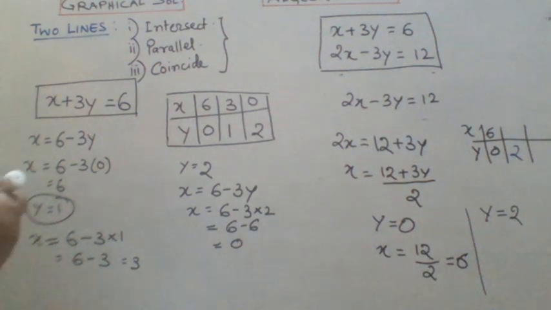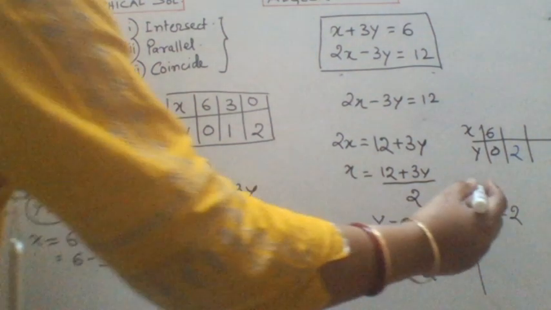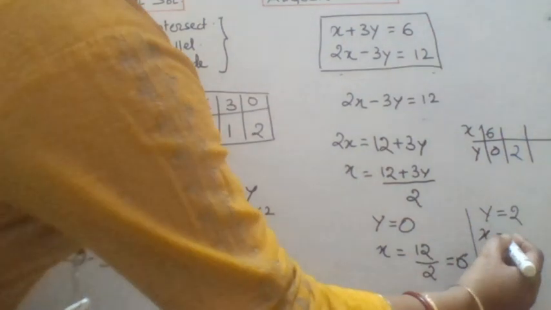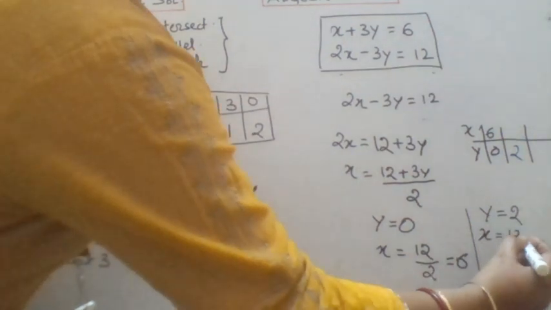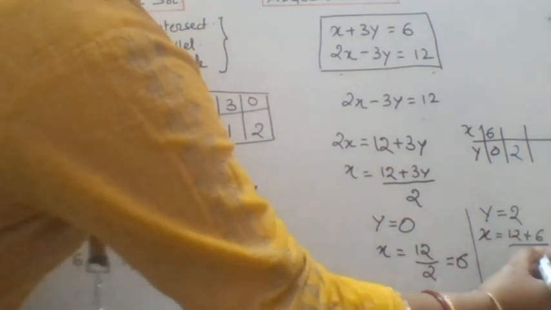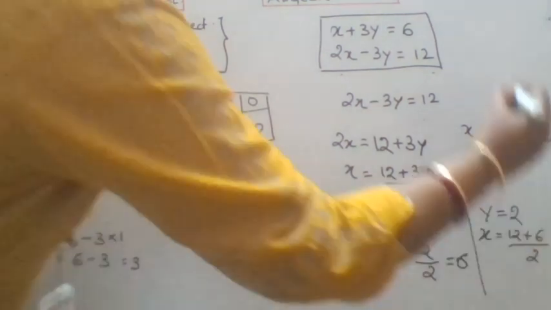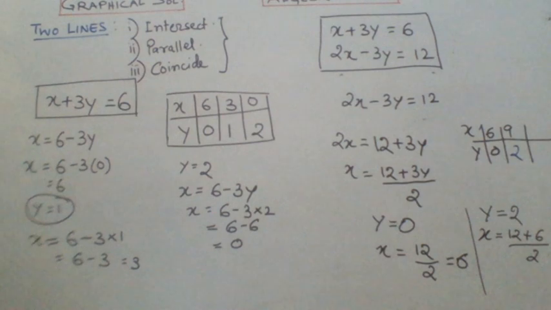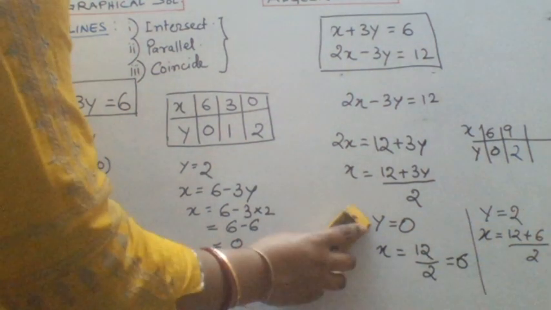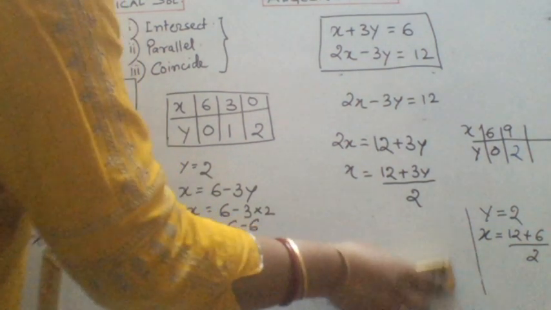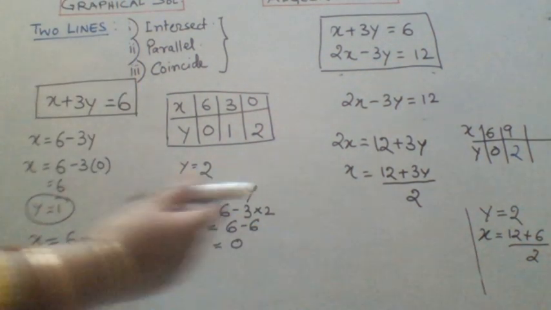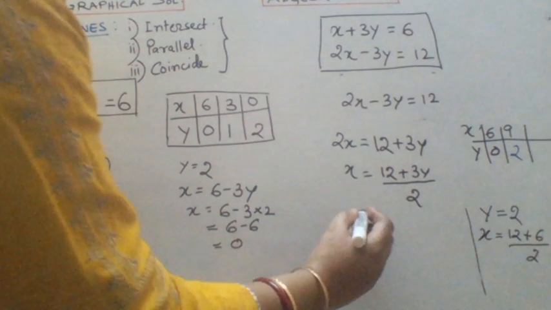So if y is equal to 2, then x is equal to (12 plus 3 into 2) upon 2, that is 18 upon 2 equal to 9. So x is equal to 9. Then we need one more value. For that let me take y equal to minus 2.